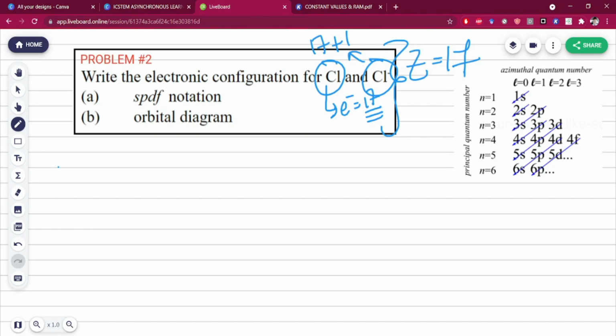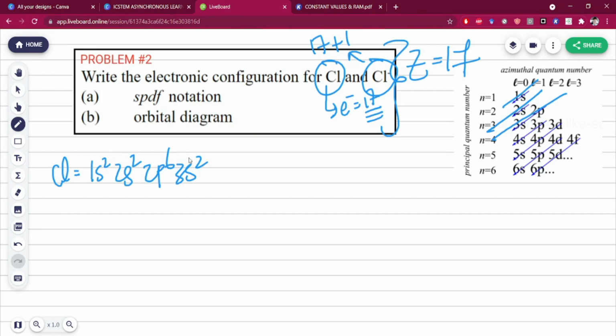Okay, so for chlorine, the SPDF notation would be 1s2, 2s2, 2p6, 3s2, so 2s2, then you're going to fill in there. So 6, 7, 8, 9, 10, 11, 12. So you have 12.